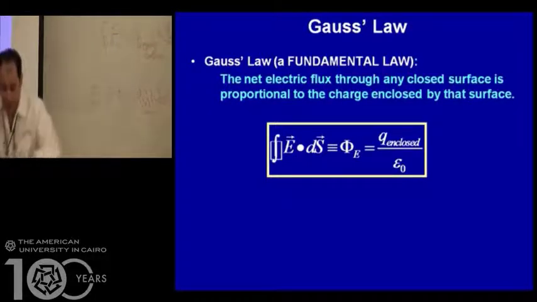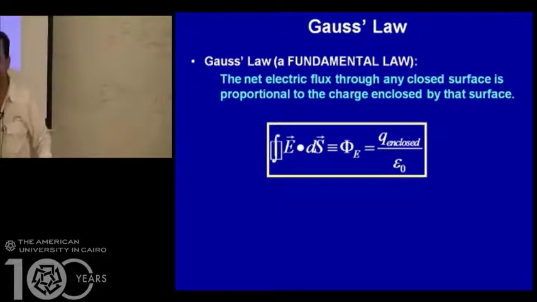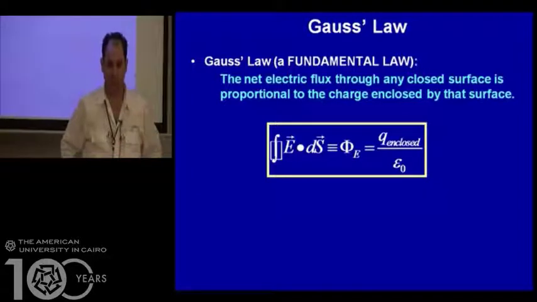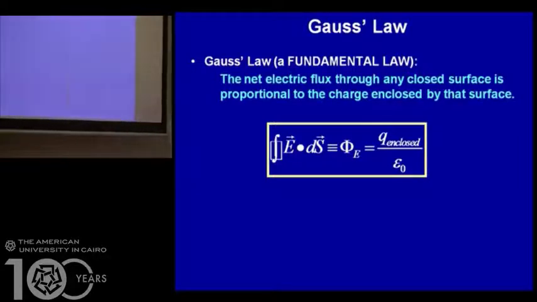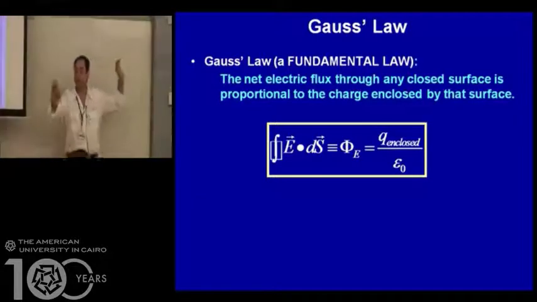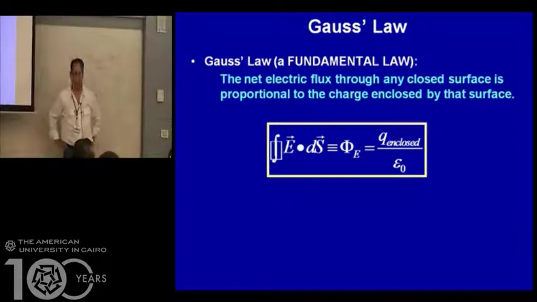Now say you have a wire that's 10 meters long and has a charge of 10 coulombs, and that cylinder is only 3 meters. How much charge is inside that cylinder?